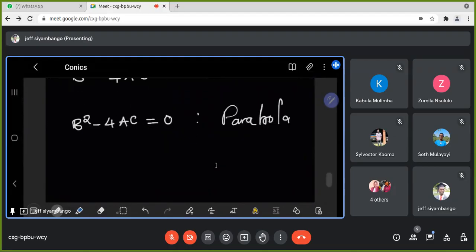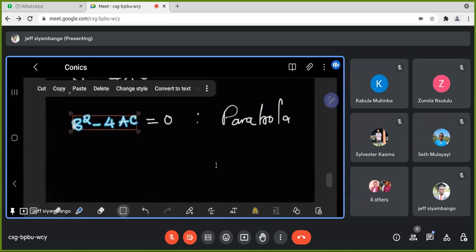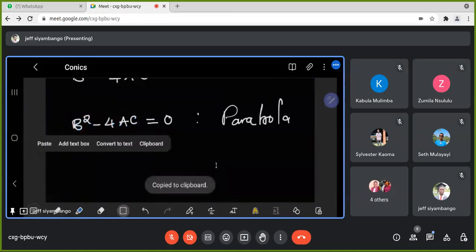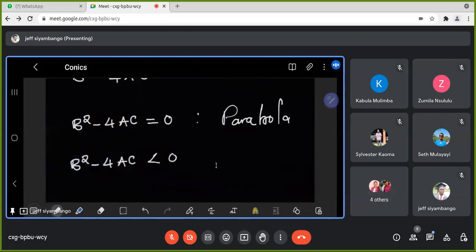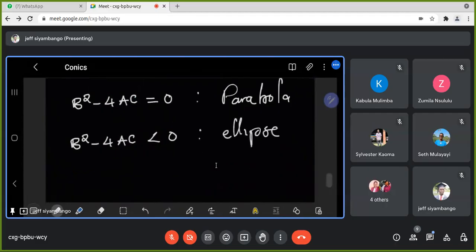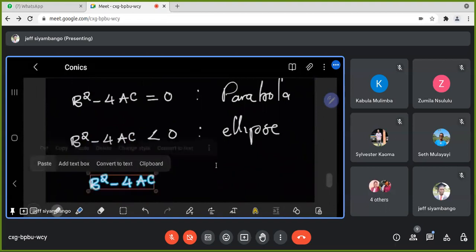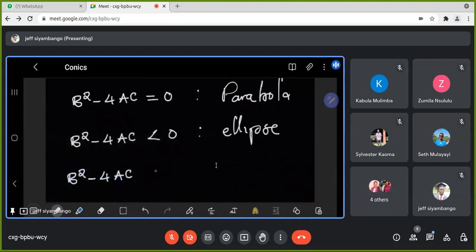If it turns out to be less than 0, then you are dealing with an ellipse. But if you end up with something greater than 0, it implies that you're dealing with a hyperbola.